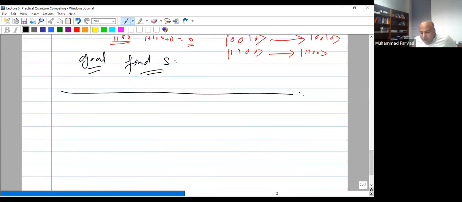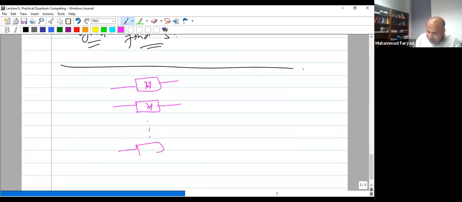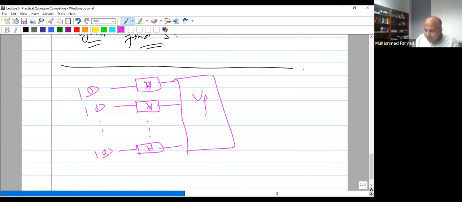So let's see the circuit for that. And the circuit is fortunately the same that we have studied: you initialize your input to the 0 state, you apply Hadamards, and then you apply your phase oracle, where f is now this x dot s.